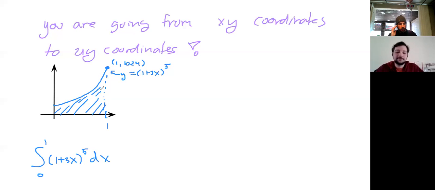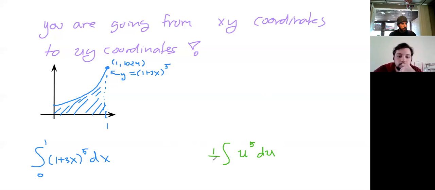Now, if we go and do that substitution, what happens when we perform our substitution? Well, we let u equal that creature. So let's change our color. Let's go to green. What does the integral become? Well, if u is that, you end up getting the integral of u to the fifth du. Then you have this 3 floating around.